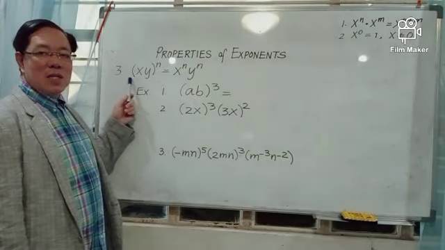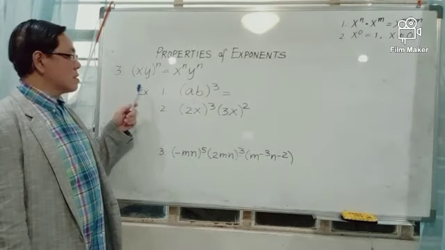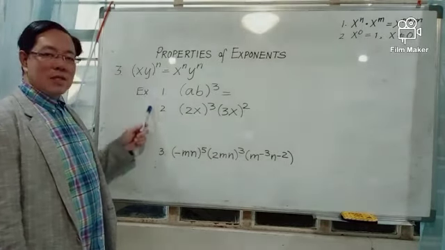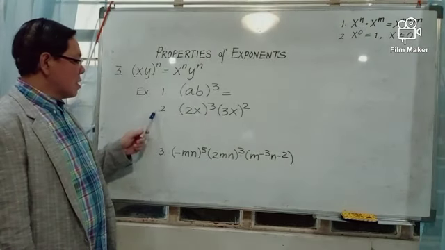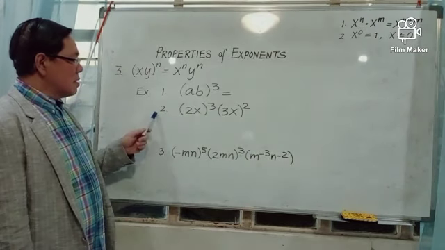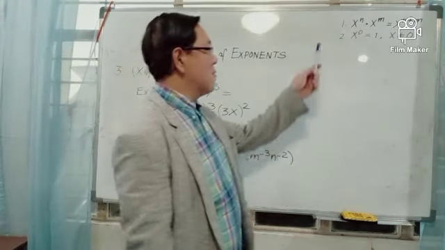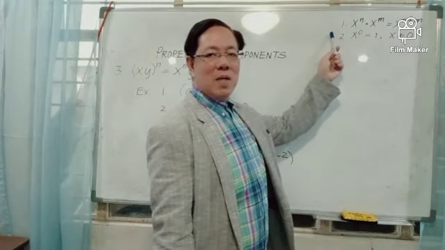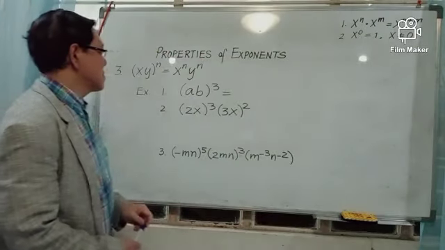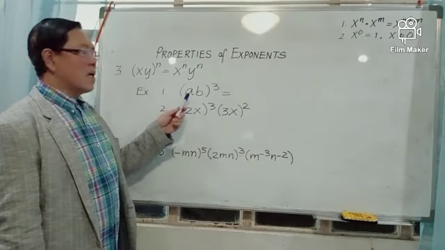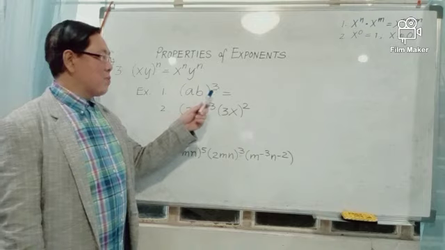We now apply this third property of exponents to these examples. In this example and this example, we will also apply the first property of exponent. In number 1, we have the product ab to the power 3.